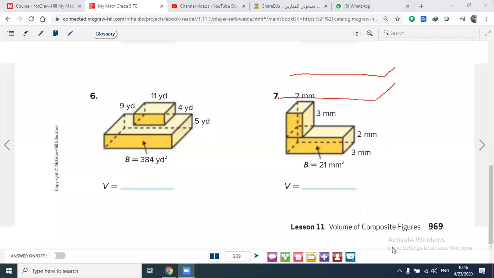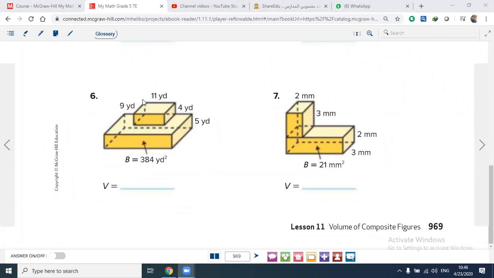Here I have this page. Number 6 and 7. I just gave you the answer yesterday without writing the steps for 6 and 7. Here the composite shape contains 2 3D shapes.